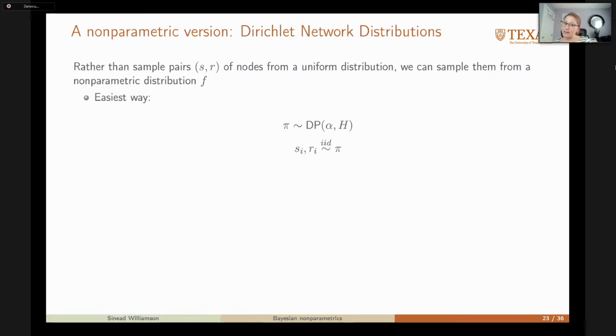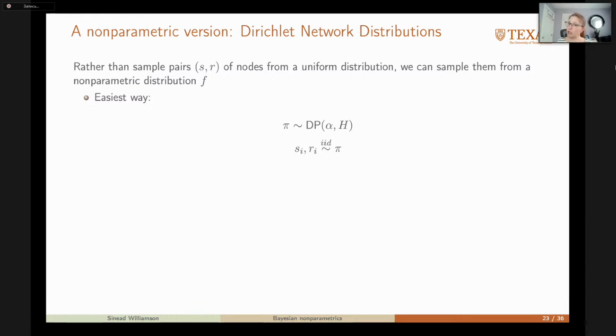Easiest way of doing this is instead of having a finite number of nodes, N, we're going to have an infinite number of nodes. You might have guessed this. This has been my key take home from everything so far. So instead of sampling from a uniform distribution over N nodes, I'm going to sample from an infinite distribution over infinitely many nodes. Okay. So I have some probability distribution over infinitely many nodes.